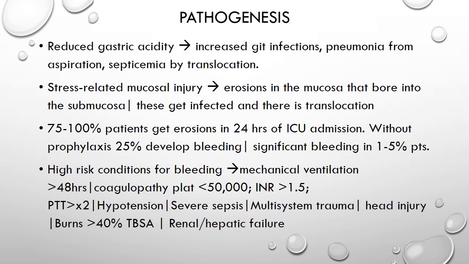The high-risk conditions for the bleeding are a patient on mechanical ventilation for more than 48 hours, a coagulopathy with reduced platelets, increasing INR, a PTT going twice above the normal, hypotension, sepsis, multisystem trauma, head injury, burns, and renal or hepatic failure. In your trauma patients, all these mechanisms are very common because of the mechanisms of injury plus the failure that occurs as a case of polytrauma.